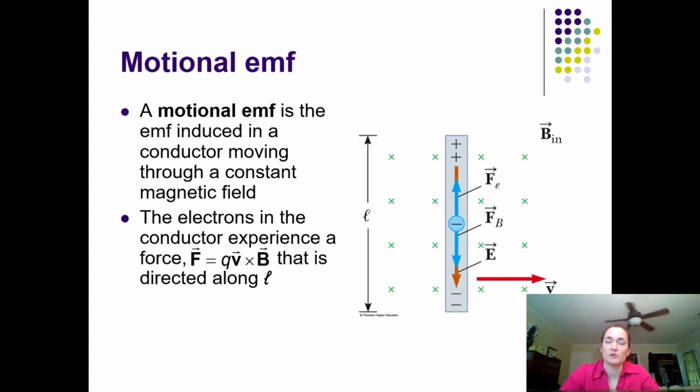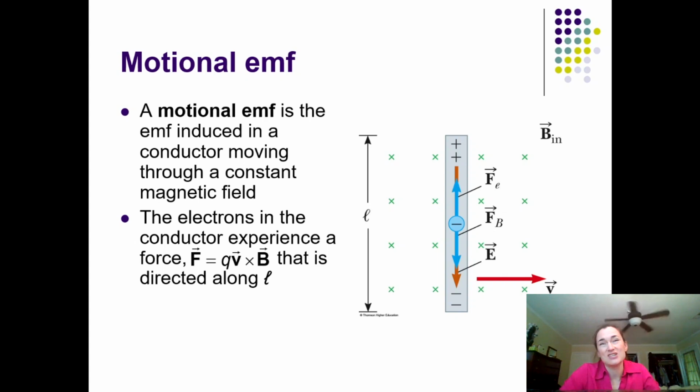Now those free electrons, when they move through the magnetic field, you remember that there's that Lorentz force, F is equal to QV cross B. So if you have charges in your bar, which you would if you had free electrons, and they're moving to the right, then you would have a force on those charges.